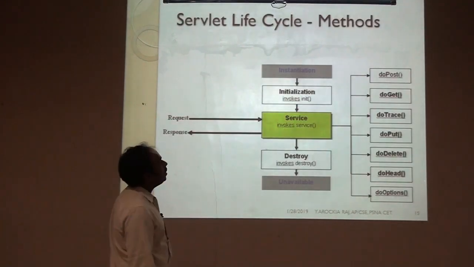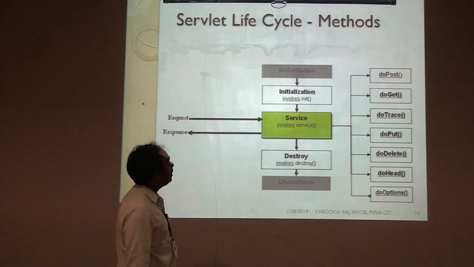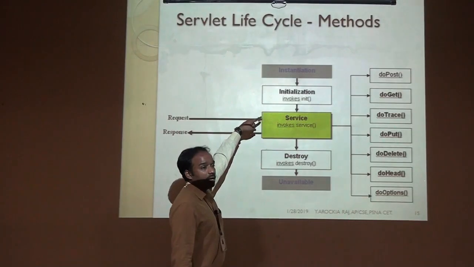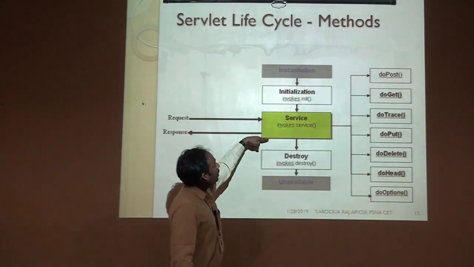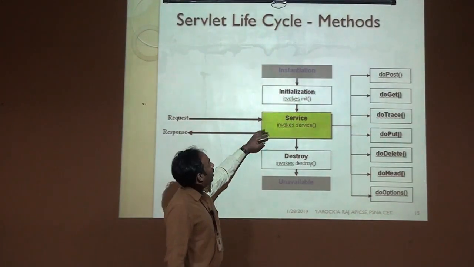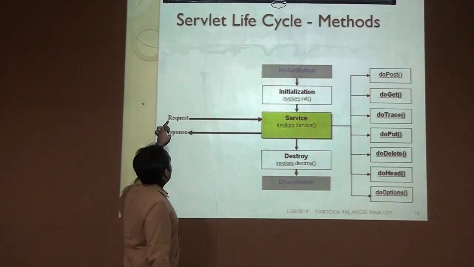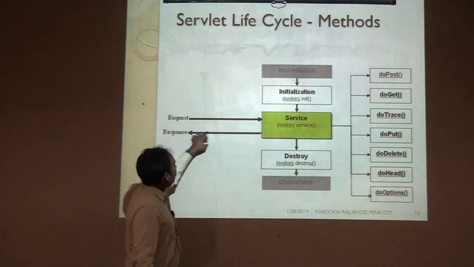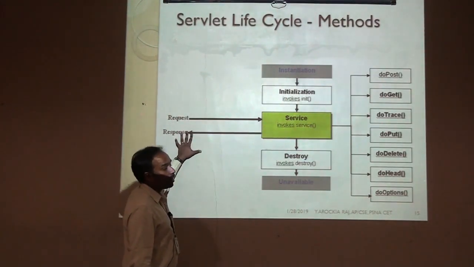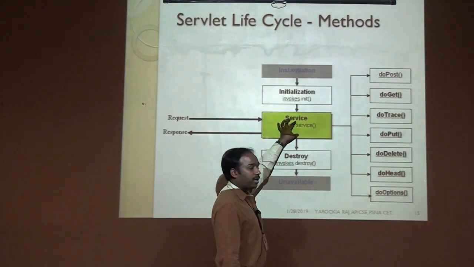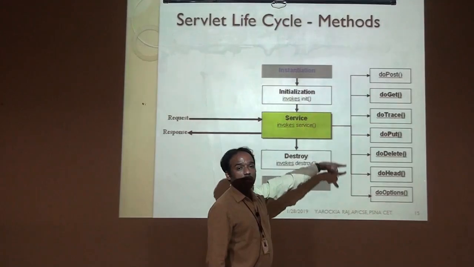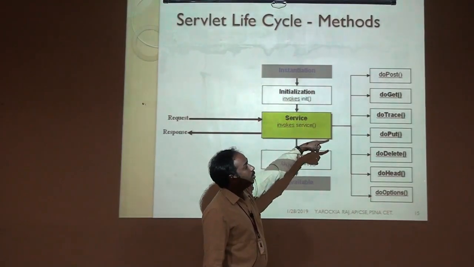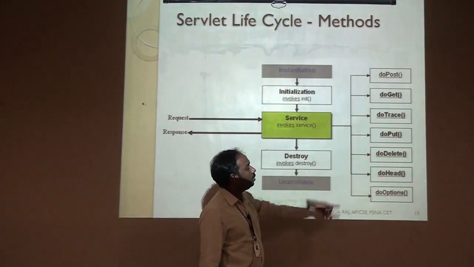These are the life cycle methods we have inside the servlet class. That is initialization, right? I already told you on the previous slide, that is the init method, and then the service method, right. In the service method only it will receive the request and then provide the response. In the service method we can write with the help of these methods: doPost, doGet, doTrace, doPut, doDelete, doHead, and doOptions.